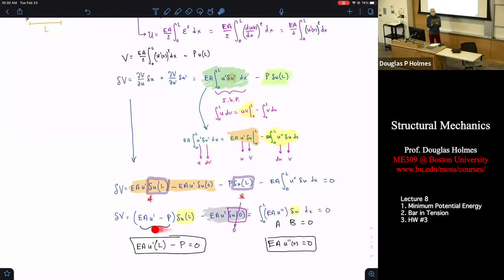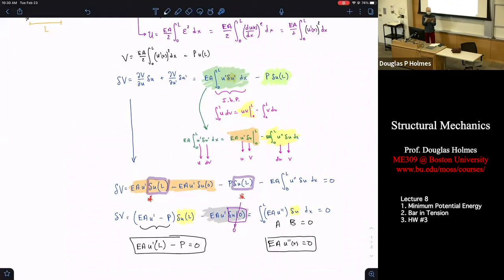This is the natural boundary condition. We didn't know it at the beginning, or at least it wasn't obvious to me what the natural boundary condition was. In general, when you use the calculus of variations to find the equation you need to solve, you not only derive the governing equation, you also get the natural boundary conditions for free as part of the calculation.